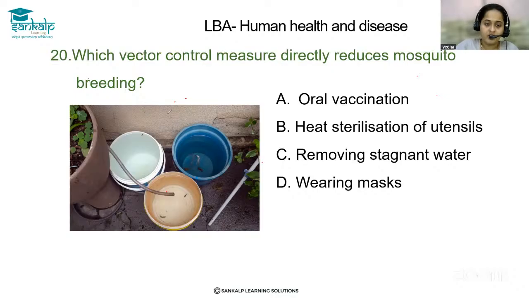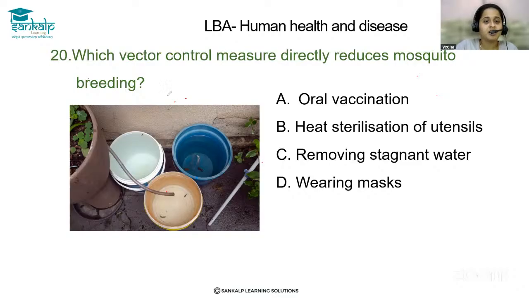So this is one of the reasons for the overall mosquito population. If we clear the stagnant water, the mosquito population will decrease.